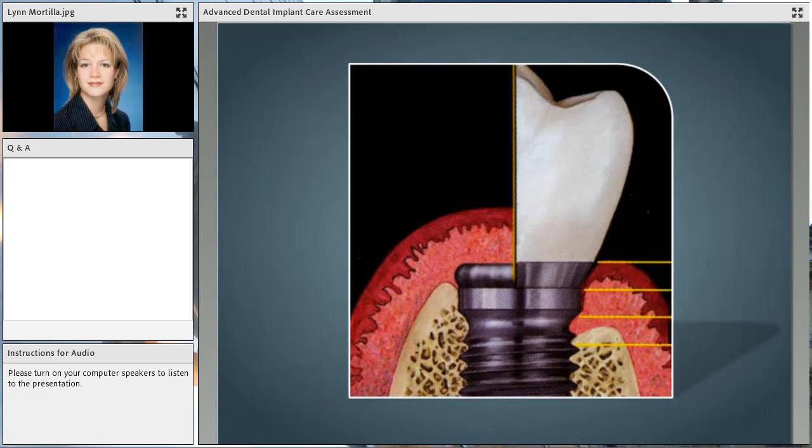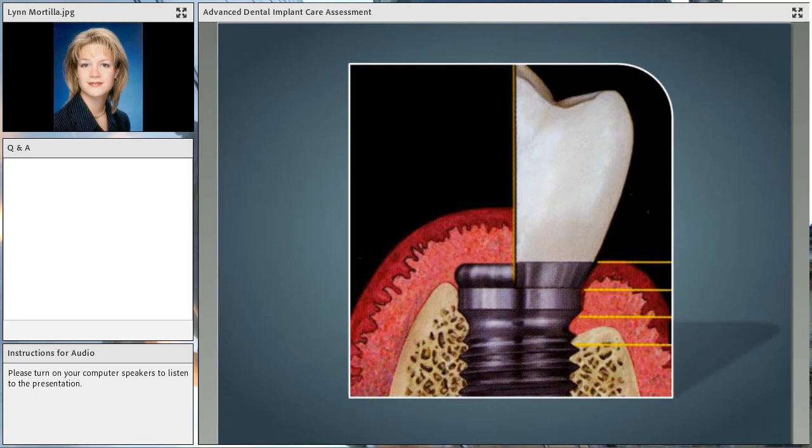But if you look at this slide, you'll see that on the right side, that crestal bone loss falls about to the first thread. And a lot of times we see that because there's a very smooth top surface to that implant. And research has indicated that bone wants to grow to a roughened surface. So it will find that roughened area, and that's where it will maintain itself.